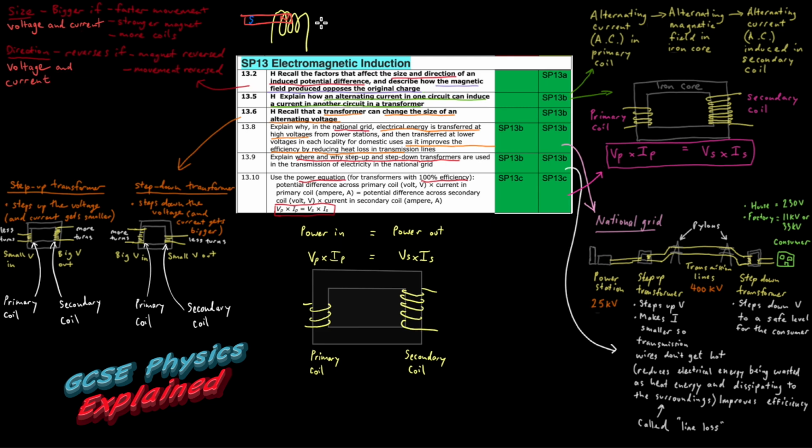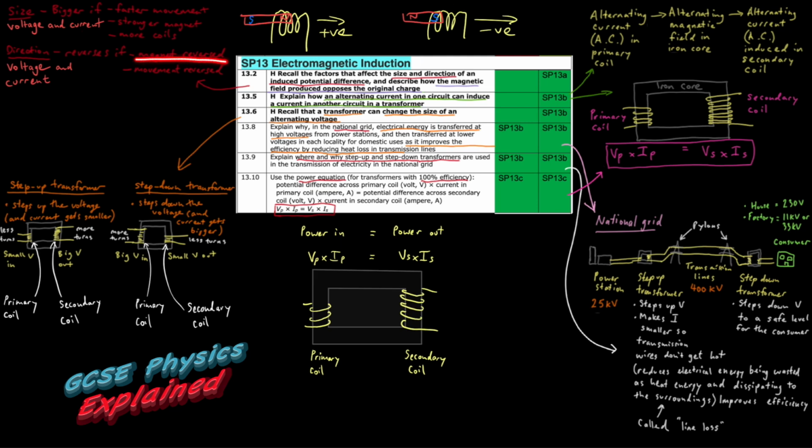Now, instead of pushing the north in and you end up getting a positive voltage, if you reverse the magnet, so this time the north's on the left, and I push the south in, you'll actually end up with a negative voltage and current.